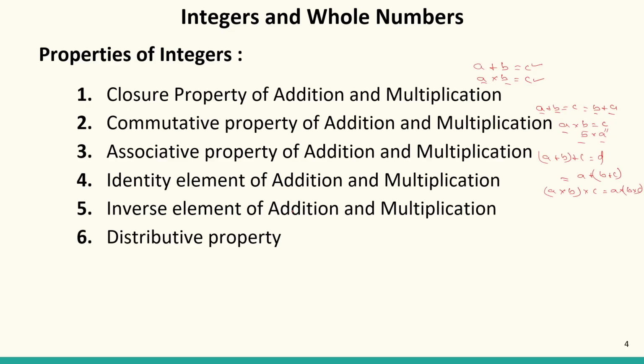And we also learned the identity element for addition and multiplication. The identity element for addition was 0, that is 0 plus a is equal to a, and the identity element of multiplication was 1, that is 1 into a is equal to a. For inverse elements, if a is an integer, then minus a is its additive inverse.